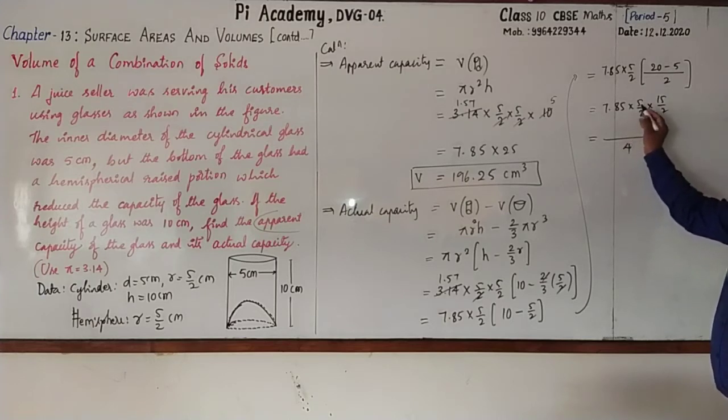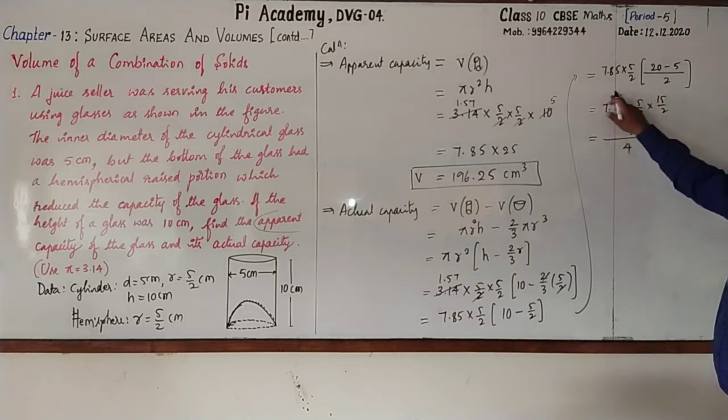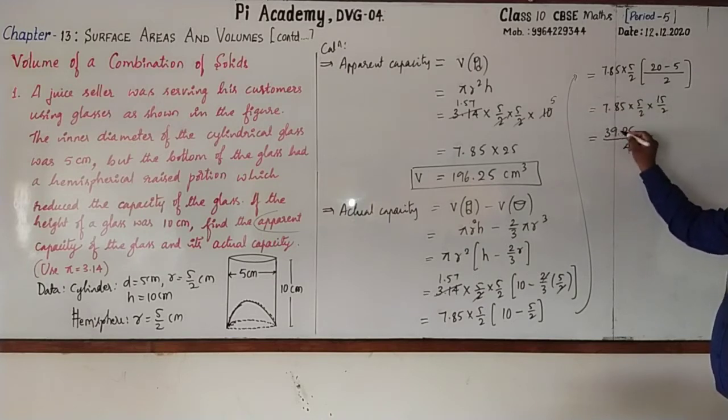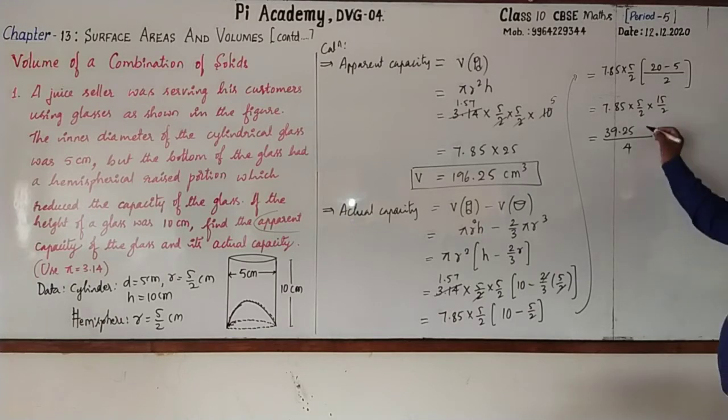Then just go for multiplying this. 5 5s are 25, 2 is the carry. 5 8s are 40 plus 2, 42, 4 is the carry. 5 7s are 35 plus 4, 39. After decimal, 2 digits, into 15.